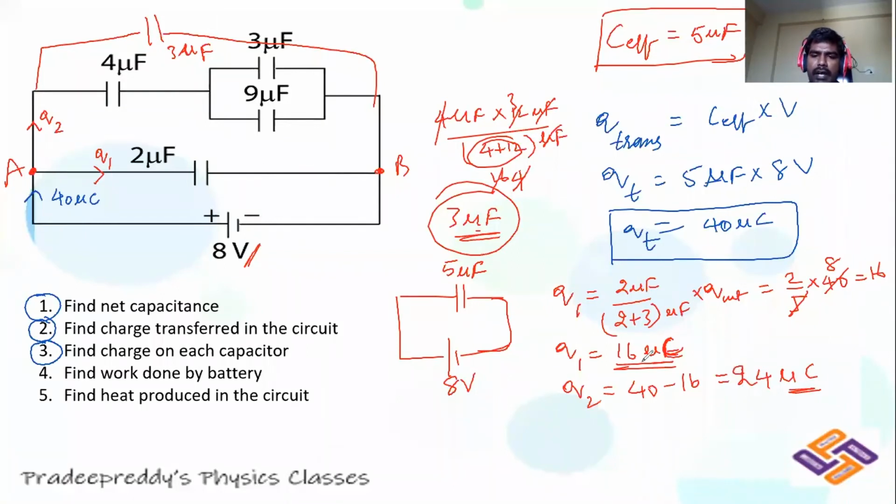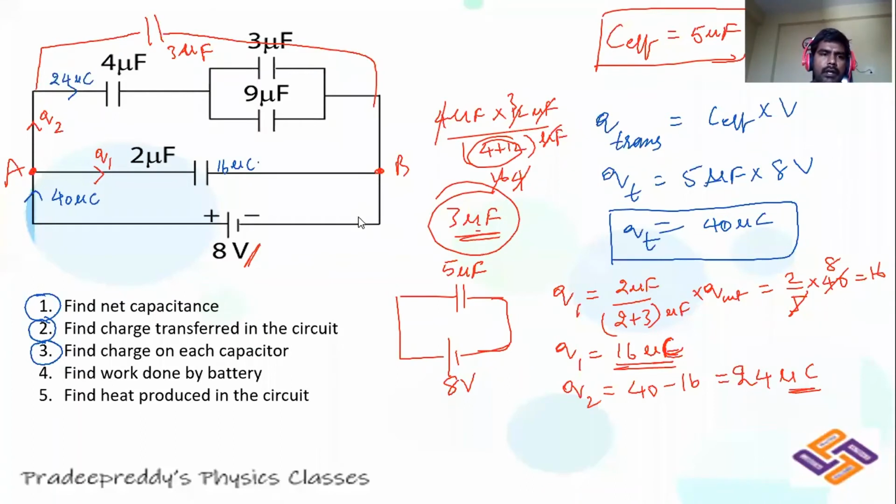If you add Q1 and Q2, definitely you should get 40. That's right. So I will locate now the charges on each capacitor. The charge here will be 16 microcoulomb and the charge over here is 24 microcoulomb.